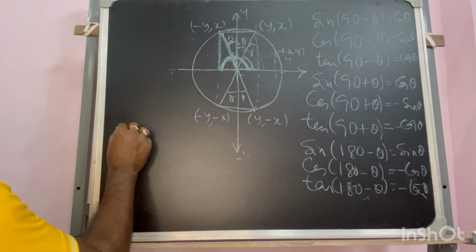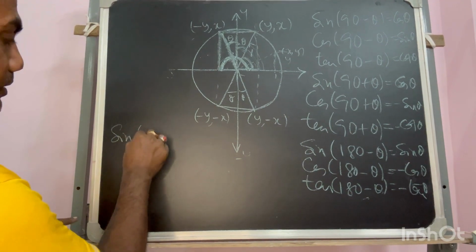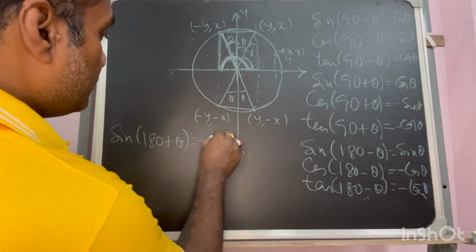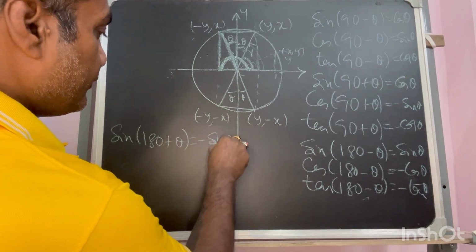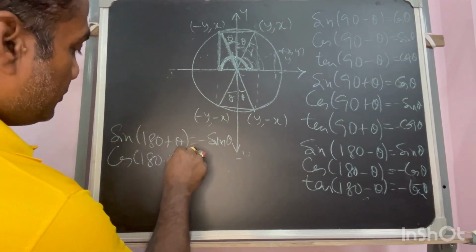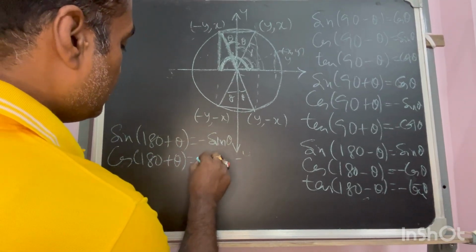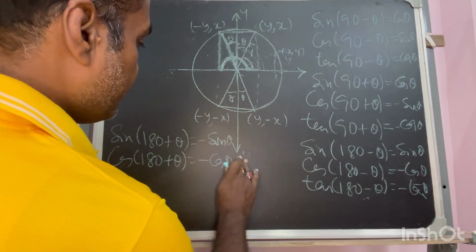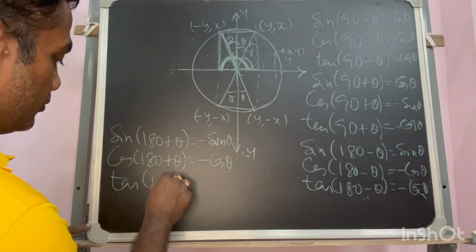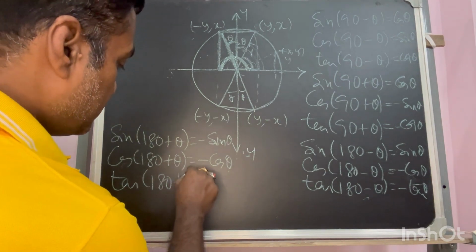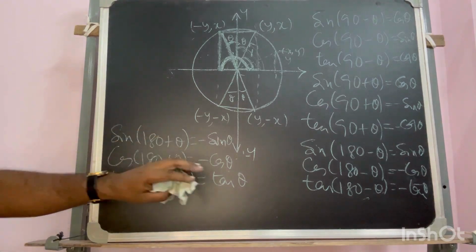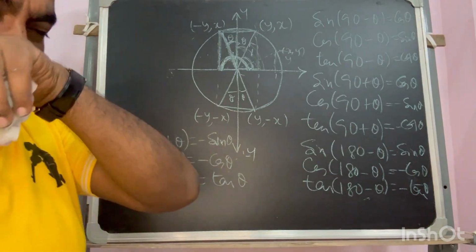Then again, sin 180 degrees plus theta is equal to minus sin theta. Cos 180 degrees plus theta is equal to minus cos theta. Tan 180 degrees plus theta is equal to tan theta. So up to that, these ratios we have learned.